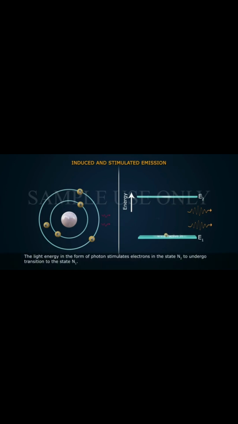The light energy in the form of photons stimulates electrons in the state N2 to undergo transition to the state N1. A large number of photons of the same energy are simultaneously emitted. Thus, the emitted photons have the property called temporal coherence, and this process is called induced or stimulated emission.